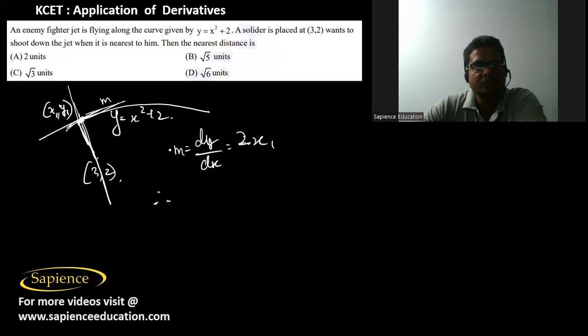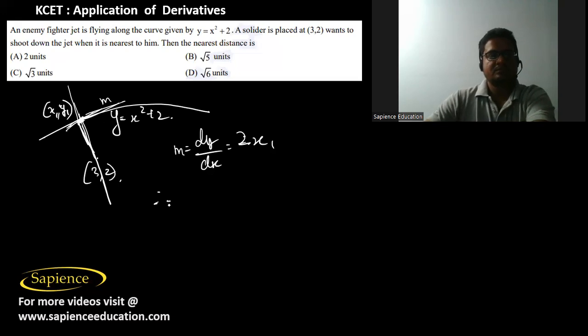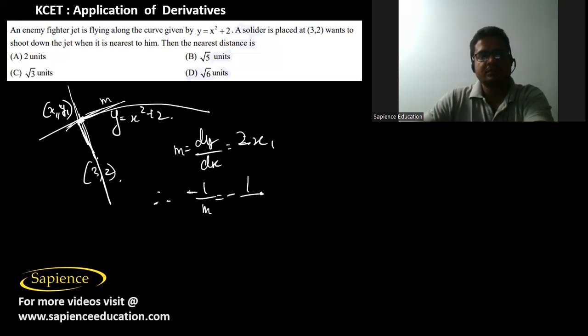So therefore the slope of the normal will be minus 1 by m, equal to minus 1 by 2x1.